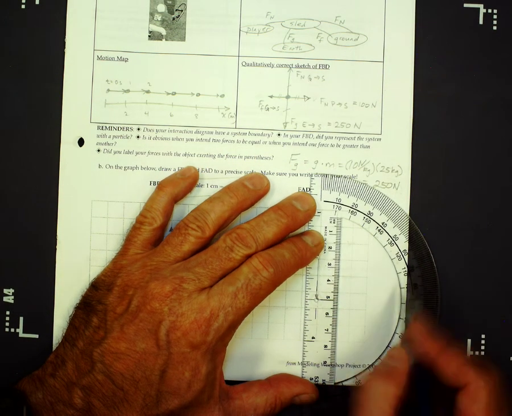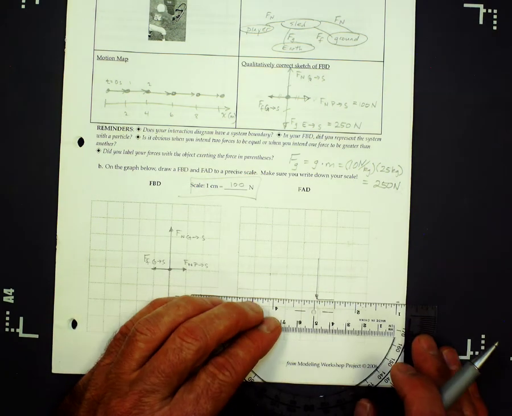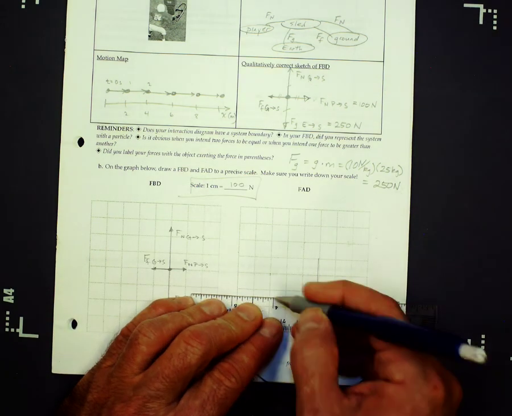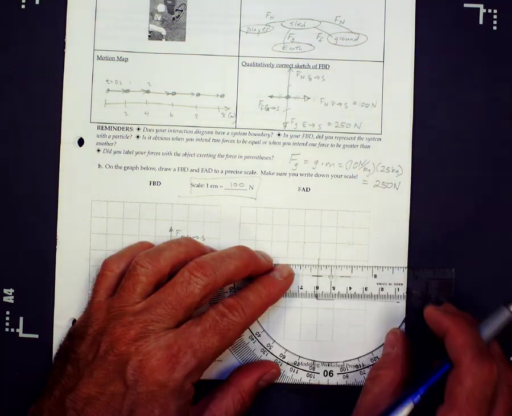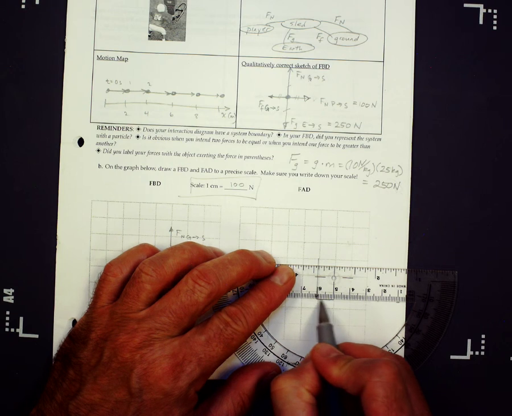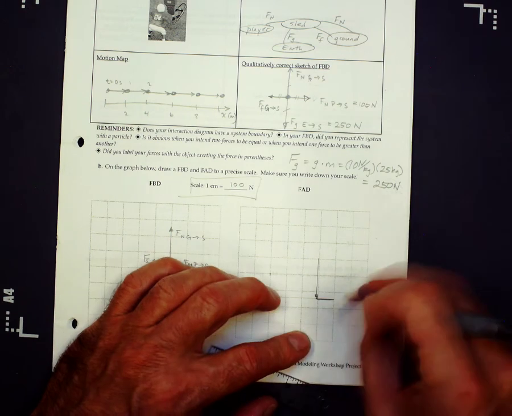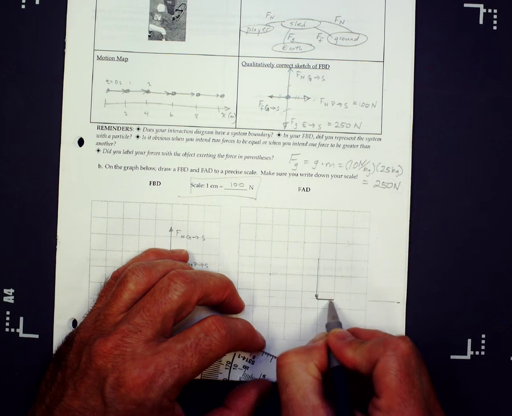I should probably make a little mark here. Draw a light thin line. See that? And then put a 1 centimeter vector right along that light thin pencil line. And then I can erase the pencil line so it's clear where my vector is.